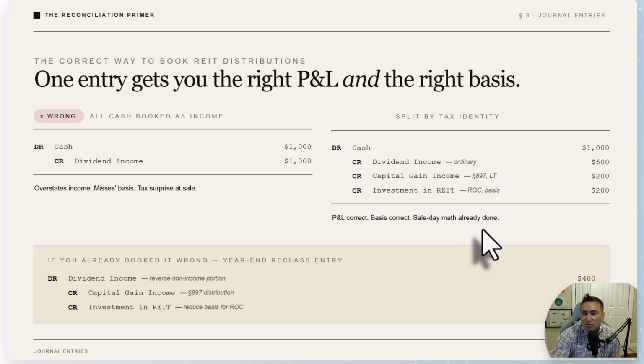What is the difference? Now, if you don't do each and every quarterly dividend, which would be a lot of work, you can also do it at year end on 12/31, which is what I do, with a reclass entry. So you're not hitting cash, you're just reducing your dividend income and increasing whatever it might be, capital gain or investment income, REIT income or something like that.